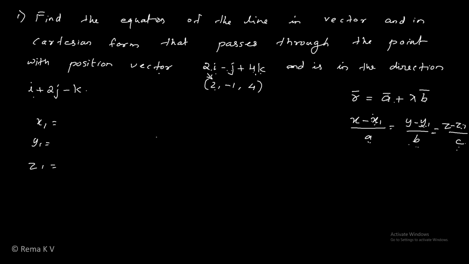And the line is in the direction of, which means parallel to, the vector i plus 2j minus k. So the direction ratios of this vector are 1, 2 and minus 1. So what are the values of x1, y1 and z1?